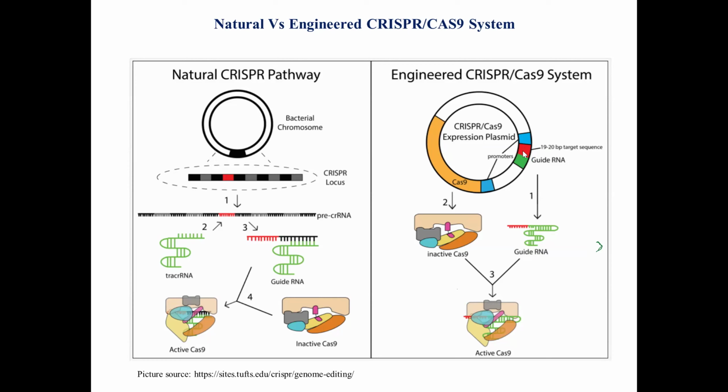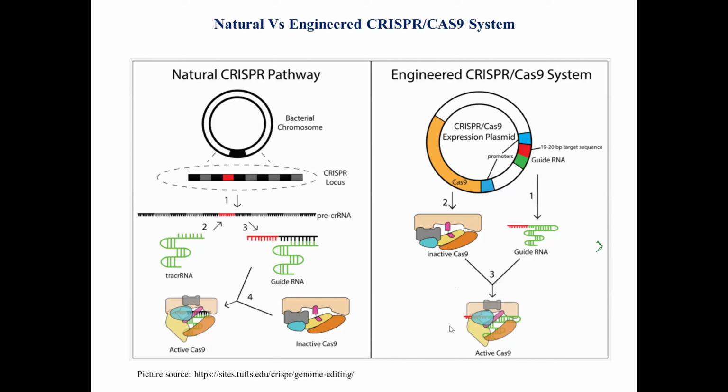Once you put the plasmid inside the cell, it will express the guide RNA. The same plasmid contains another promoter which will express the Cas9 also. So if you take this plasmid and put it inside a mammalian cell, like a human cell, it will encode the Cas9 protein and also the guide RNA, and in situ, inside the cell, they will combine and form a complex, which will become the active Cas9 complex.